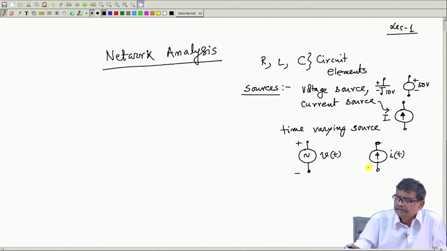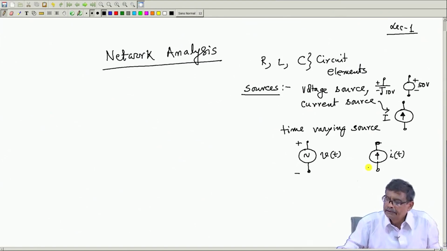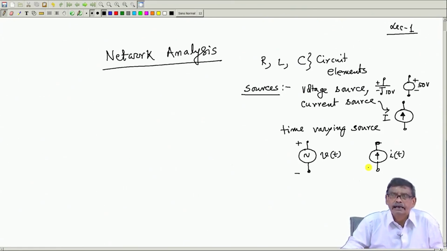So in general we would expect these are the various components present in a circuit, and if the sources are known and the parameters of these circuit elements are known, then I should be in a position to find out the currents.